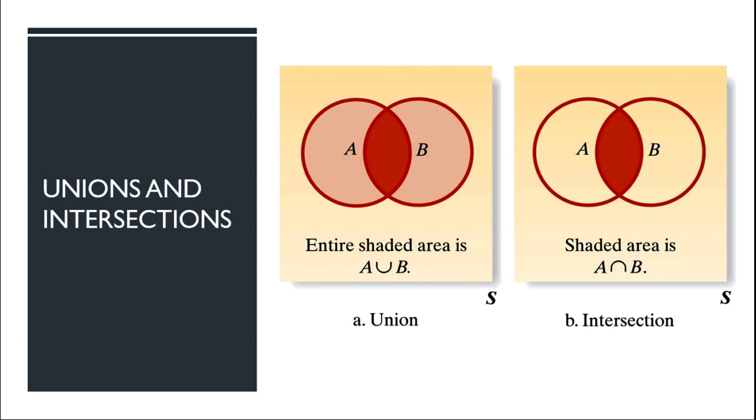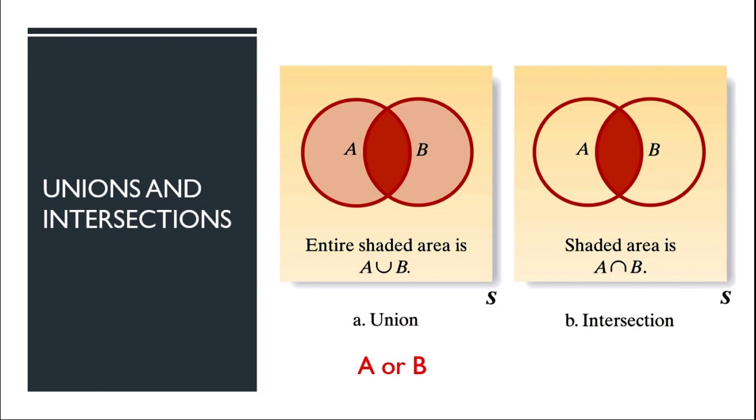The union of 2 events, A and B, is the event that occurs if either A or B, or both, occurs on a single performance of the experiment. The intersection of 2 events A and B is the event that occurs if both A and B occur on a single performance of the experiment.